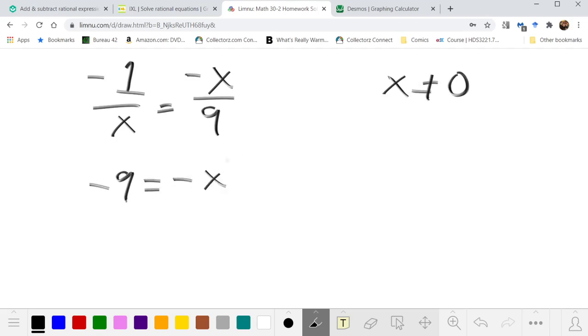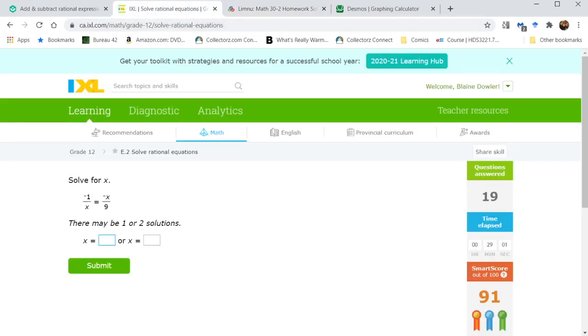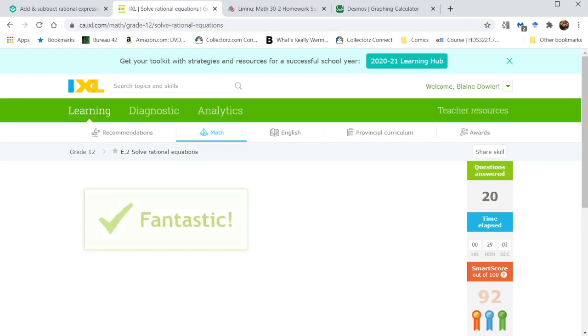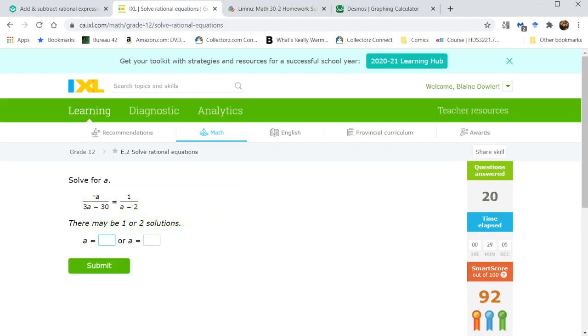Negative 9 is negative x squared, which gives us x squared is 9, or x is plus or minus 3. And this finishes assignment 2. And with assignment 3, we will take these right to mastery.